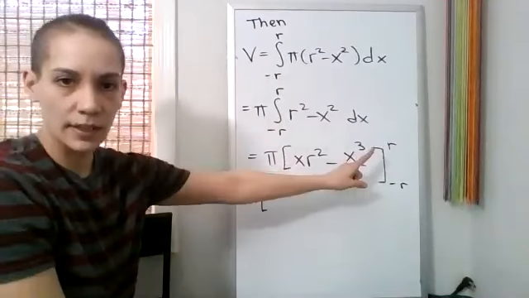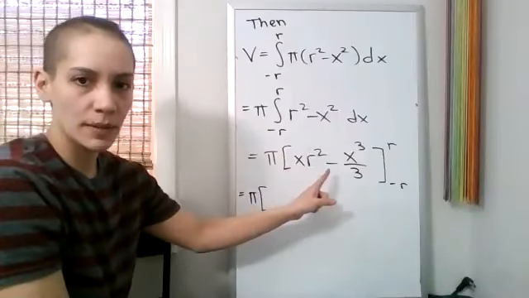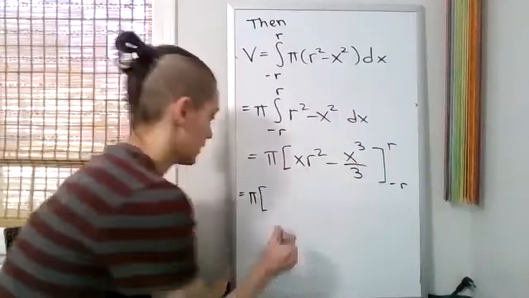All right, so we put in r: pi times r cubed minus r cubed over 3.